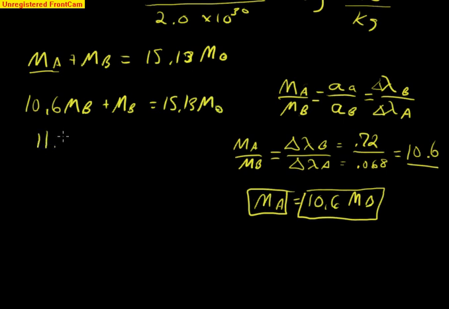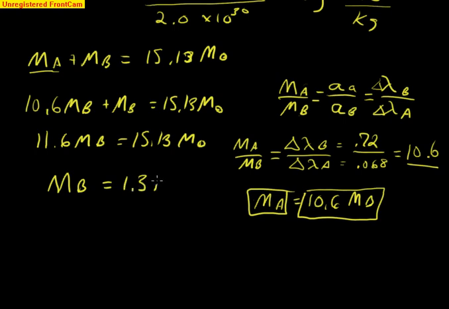This gives you 11.6 times the mass of star B equals 15.13 solar masses.